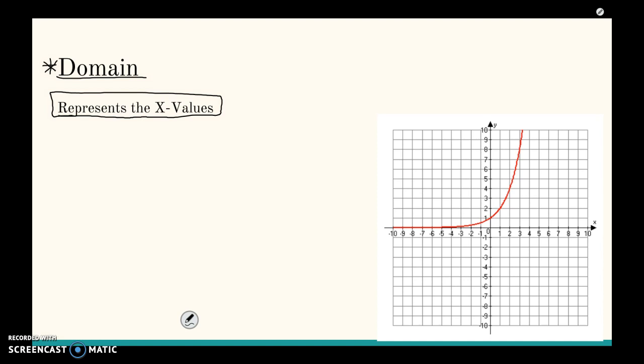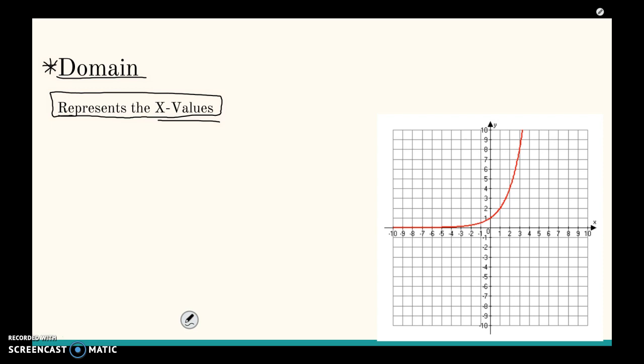What I mean by that is the domain is going to be represented by just the x values. If you recall, in the linear unit, we talked about domain reflecting on the x-axis, or the x values. So anytime we have the domain, we're dealing with the x values. That's the key here, x values. Make sure you write that down underneath domain.